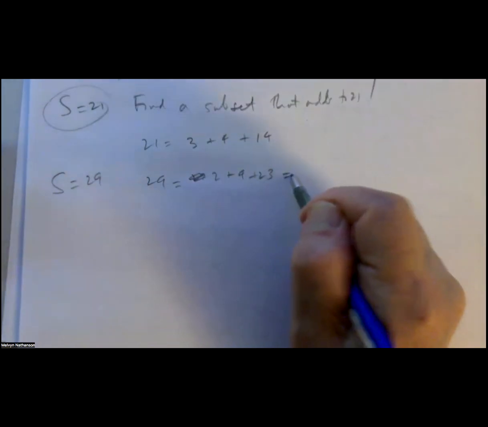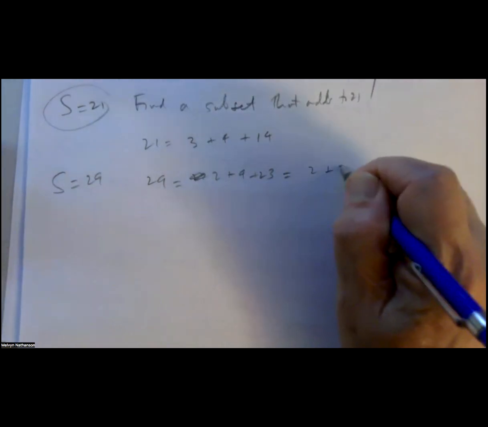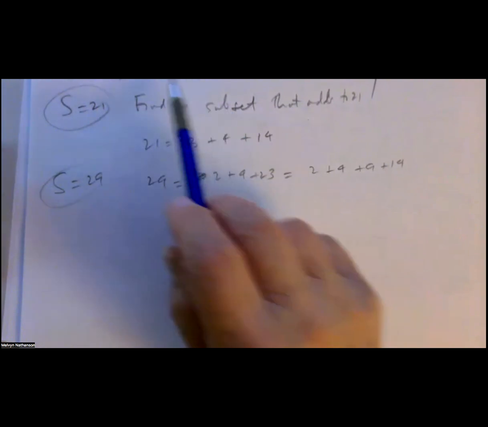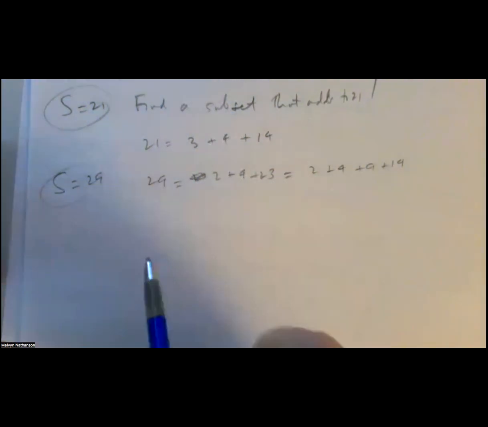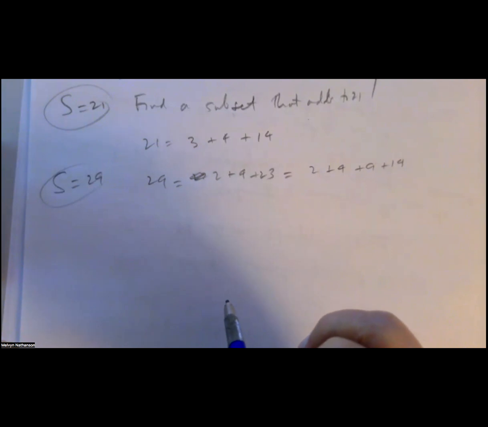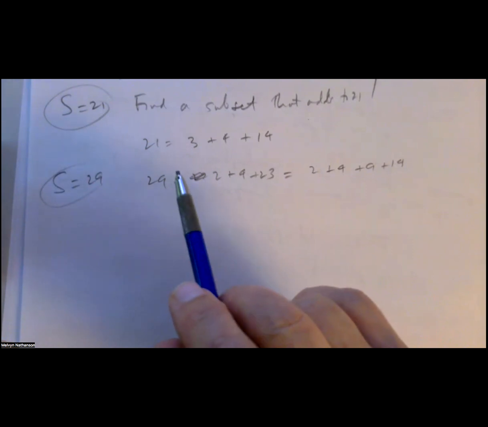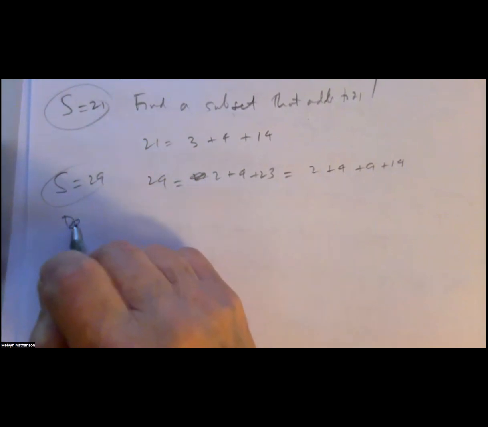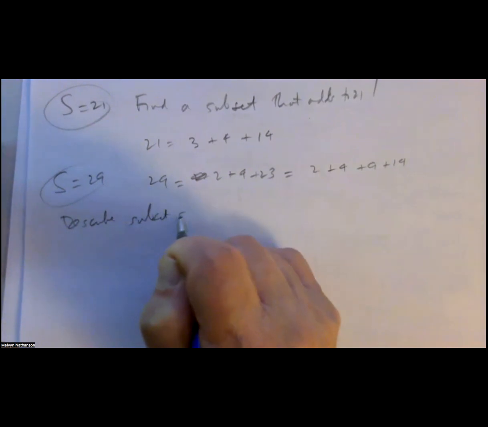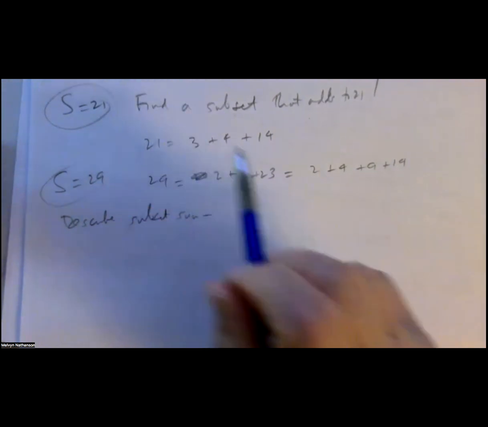It's also 2 plus 4 plus 9 plus 14. So there are two different subset sums that add up to 29. Let's see, how can I describe a subset sum for this set?